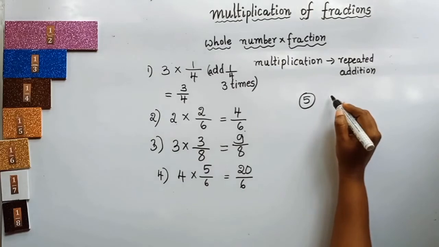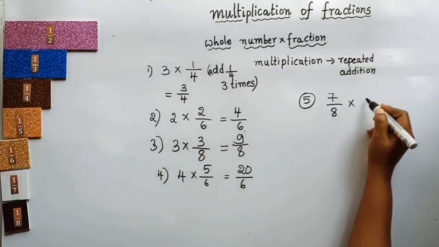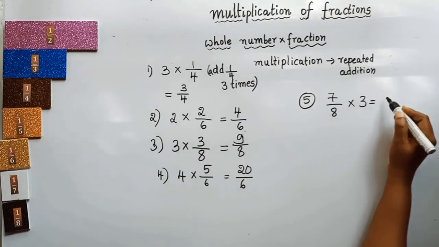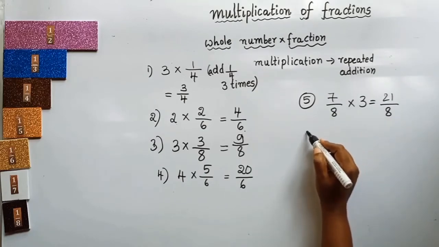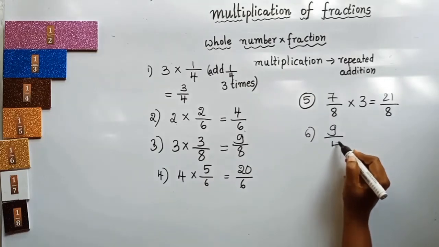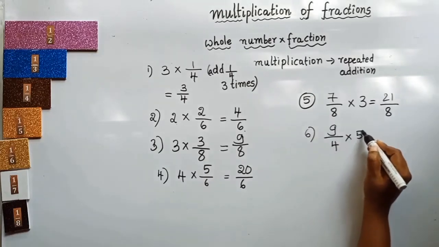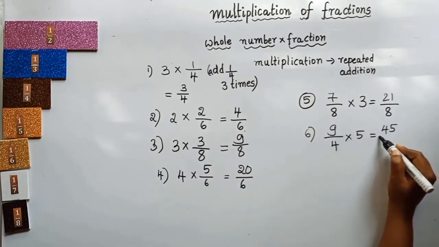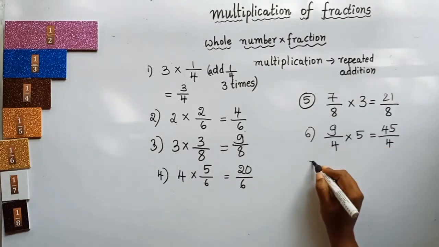Now, while multiplying a whole number and a fraction, the whole number should be multiplied to the numerator. 3 sevens are 21 by 8. 9 by 4 into 5. Multiply 5 to the numerator. 45 by 4.